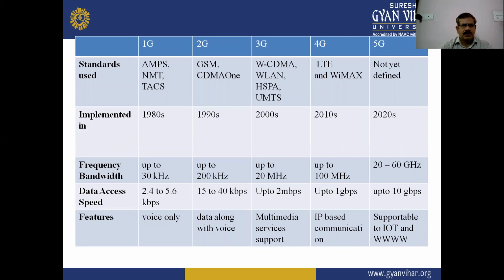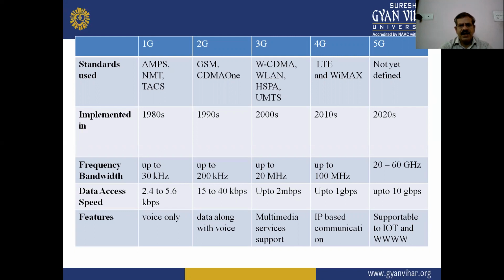There is a comparison between 1G, 2G, 3G, 4G, and 5G. First, the standards used: in 1G, AMPS, NMT, TACS. In 2G, GSM, CDMA. In 3G, WCDMA, WLAN, HSPA, UMTS.